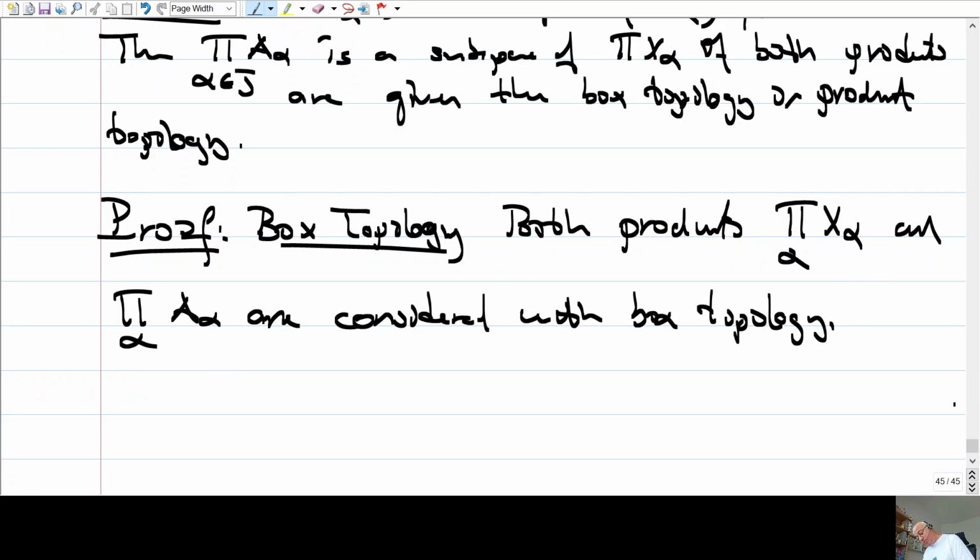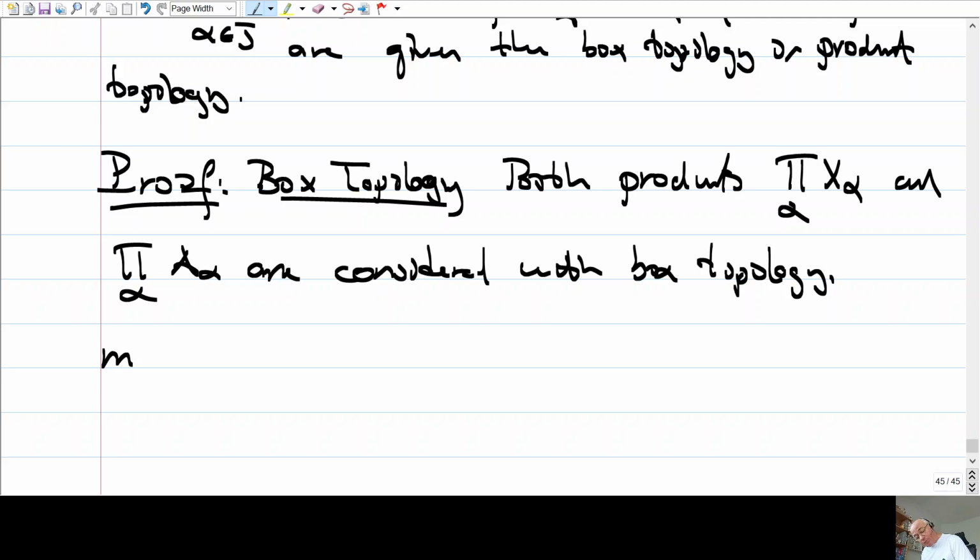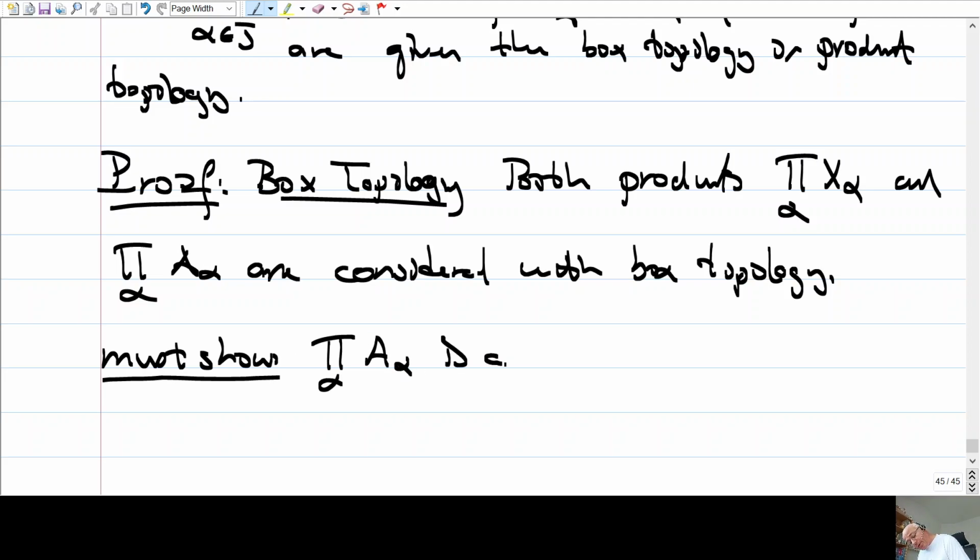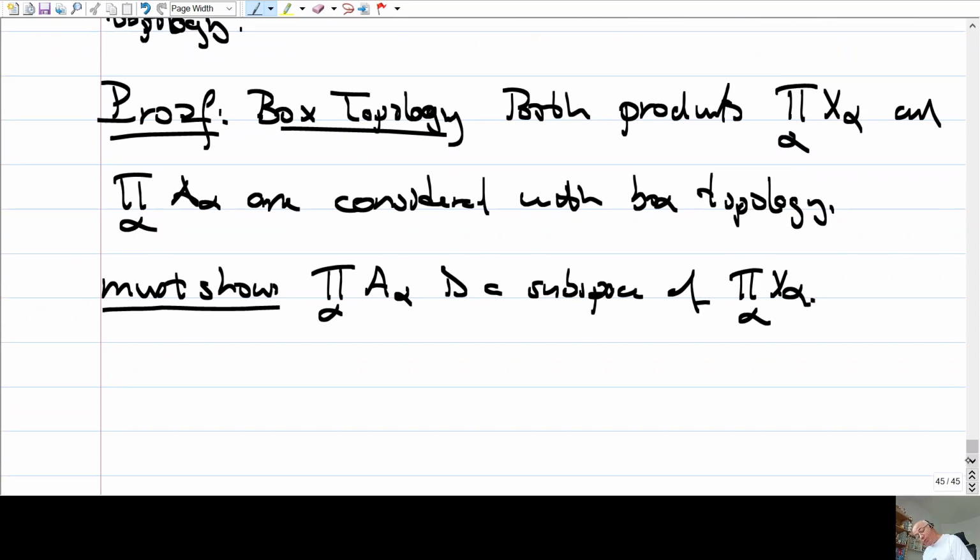So what we must show is that this thing is a subspace of this. Well, why is that?